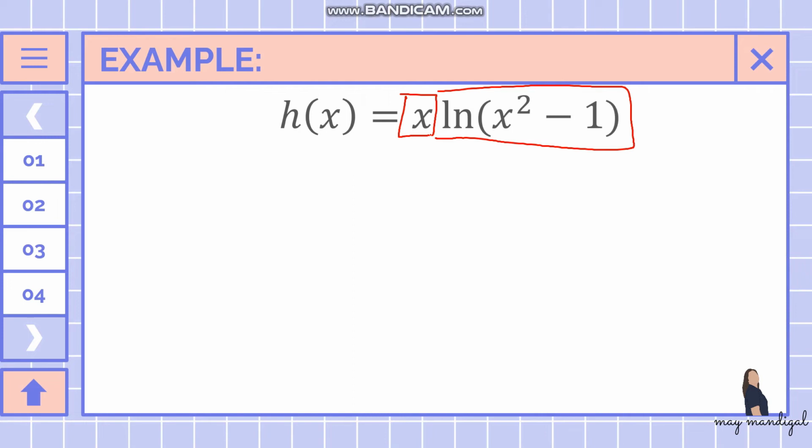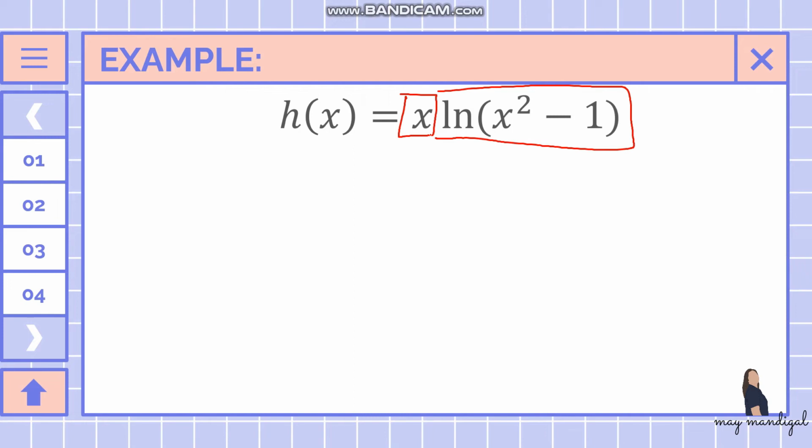The first thing that you have to do is to identify how many terms are there. And after you already identified how many terms are there, what operation exists between these terms. So in this case, we have x and it's being multiplied to ln of x squared minus 1. So it means that we will be applying the product rule.